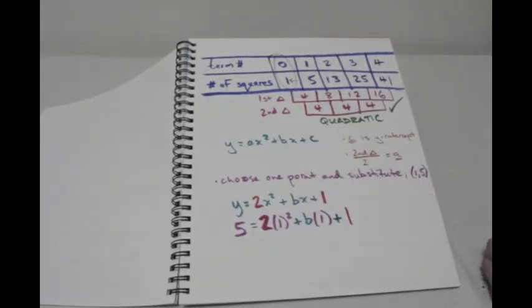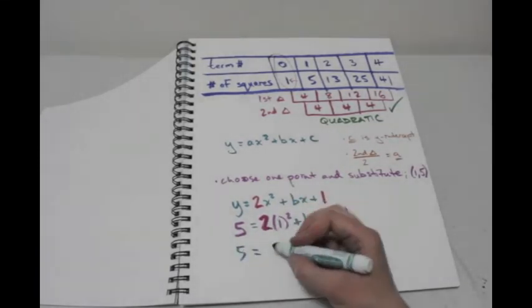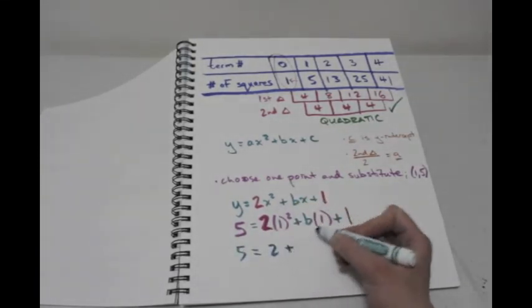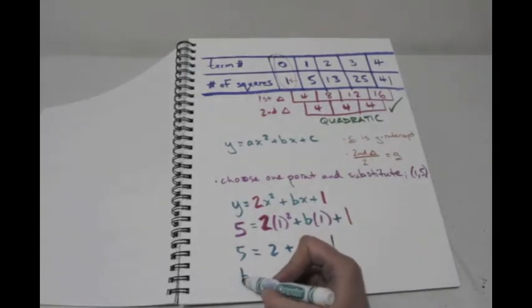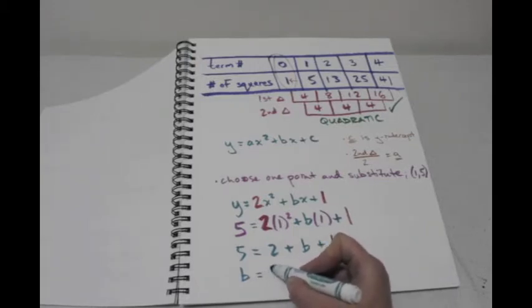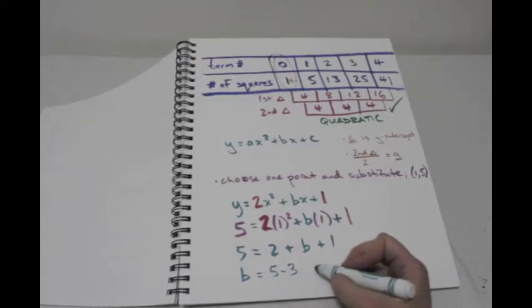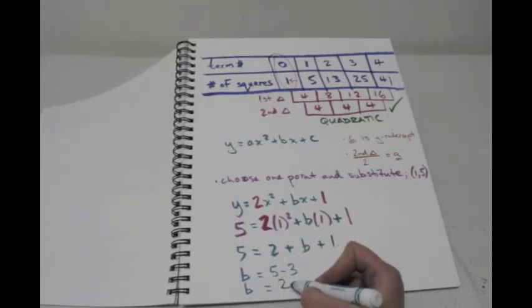Okay, so 5 equals 1 squared times 2 is 2, plus 1b, or b, plus 1. Okay, and b is obviously equal to 5 minus 3. Okay, and b is equal to 2.